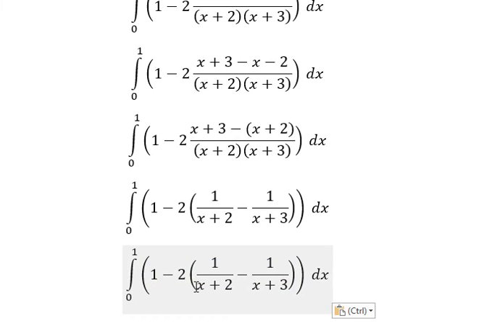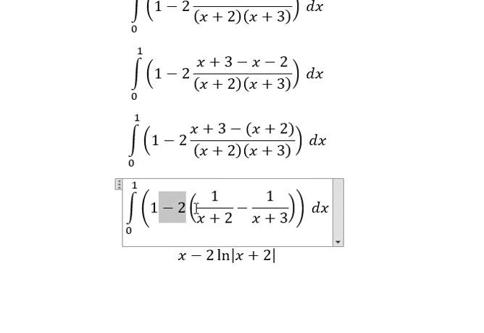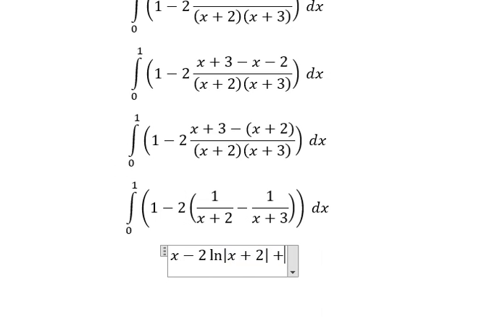So the integration of 1 is s. This one we have 2 ln of the absolute value of s plus 2. So negative 2 with negative, so we have positive 2.